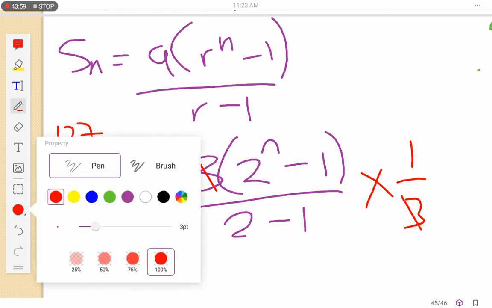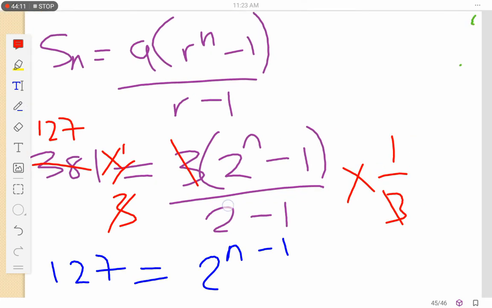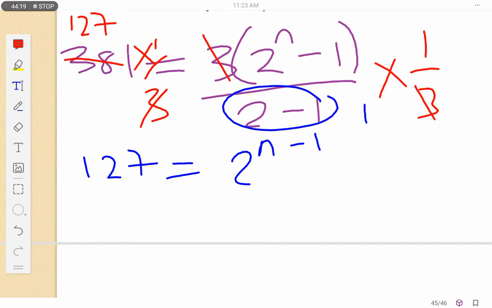So 127 is equal to 2 to the power of n minus 1, over 2 minus 1, which is 1, so I'll just leave it like that. So we now have 127 equals 2 to the power of n minus 1.